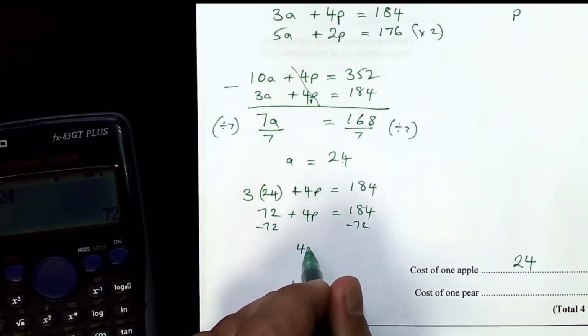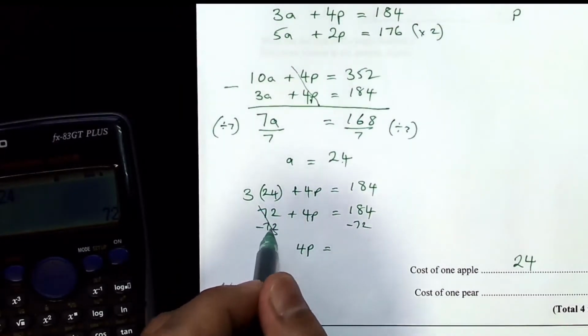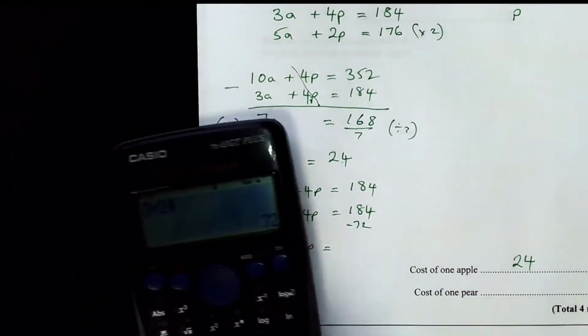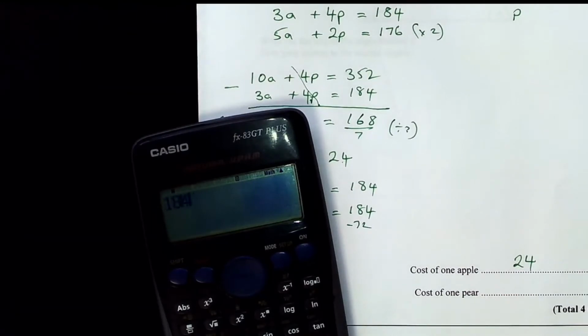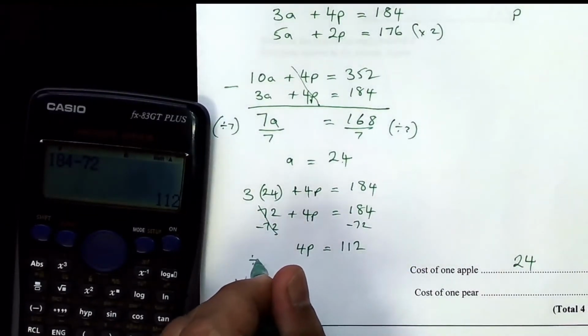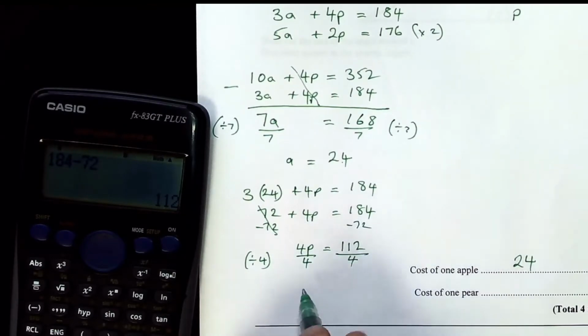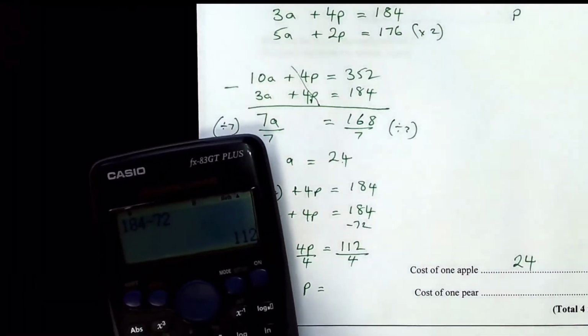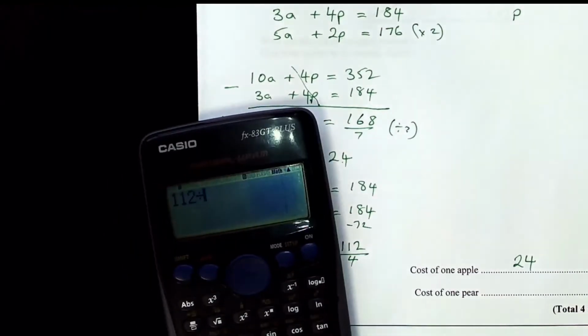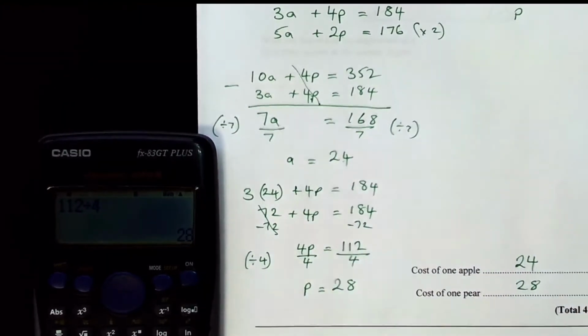I'm left with 4p, and again the 72's cancel out there, 184 take away 72 is equal to 112. And again, the last step, I divide both sides by 4, because of the 4p, and then I've got 112 divided by 4 gives me 28, and that's 28 pence.